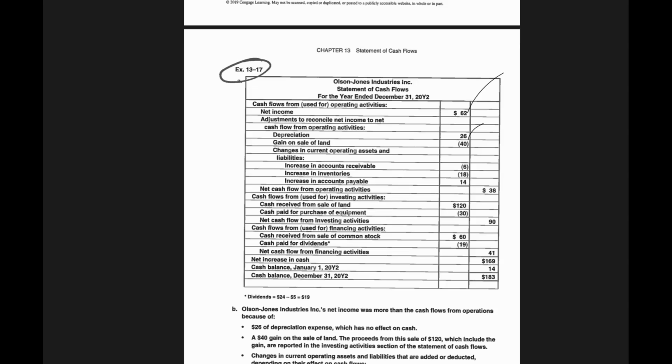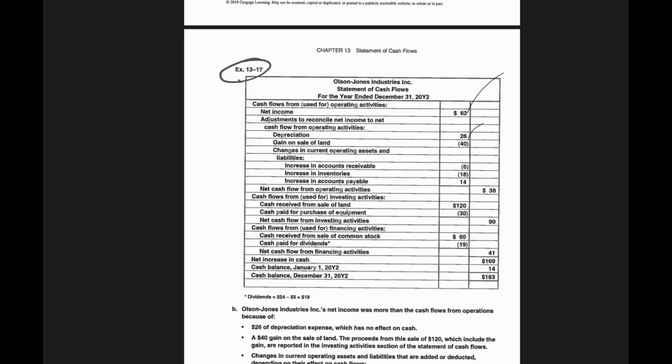It said that the land was sold for $120. So in this case, there must have been a gain. So if we had $330 and it dropped to $250, okay, so with your calculator, $330 minus $250, it went down by 80.